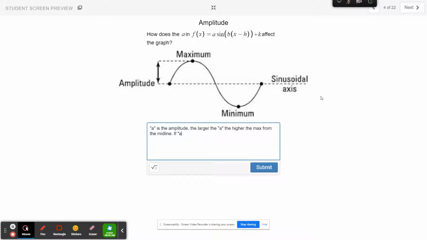If A is negative, it reflects the graph, so maxes become mins.